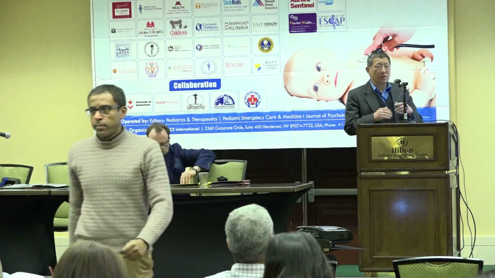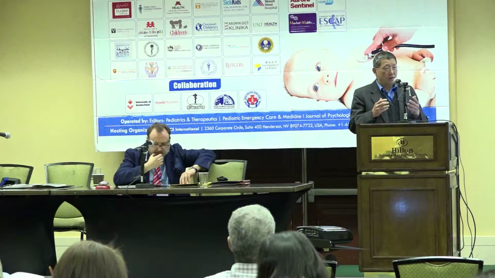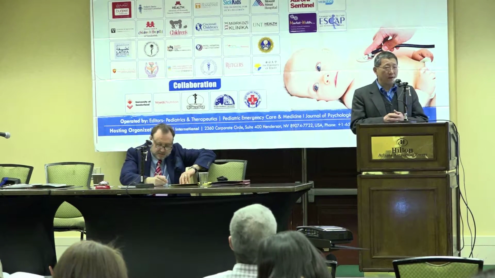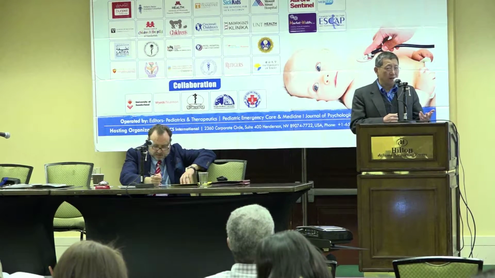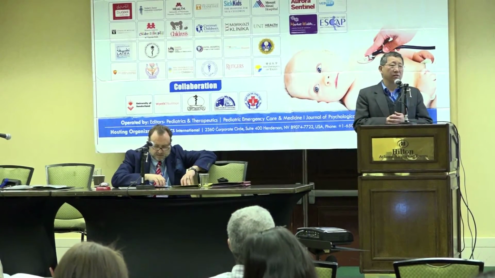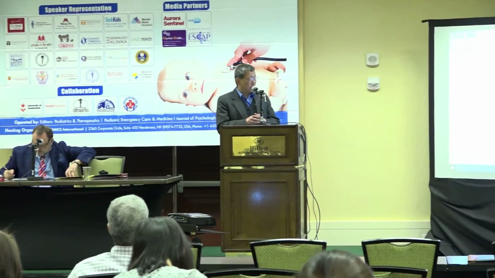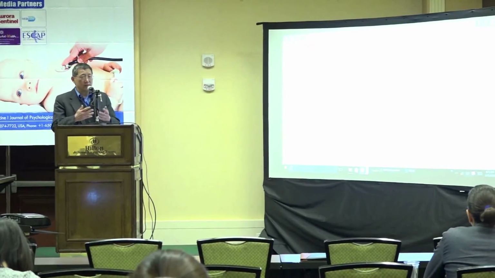Why do we use these variables? Because total score cannot take into account the measurement errors. So when you have a scale, usually you use Cronbach's alpha to test the reliability. The cutoff point is usually 0.7. So you got a Cronbach's alpha greater than 0.7.